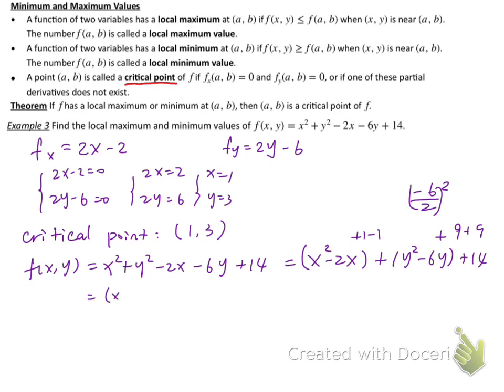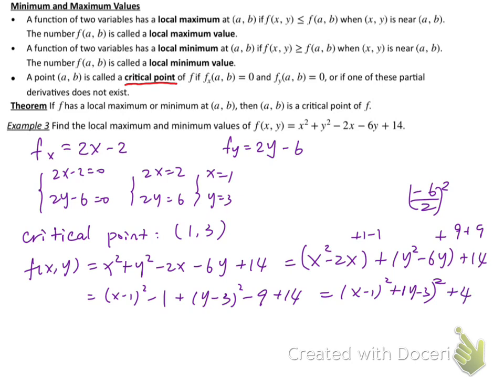So I have (x minus 1) squared minus 1, plus (y minus 3) squared minus 9, then plus 14. So (x minus 1) squared plus (y minus 3) squared, minus 10 plus 14, plus 4.